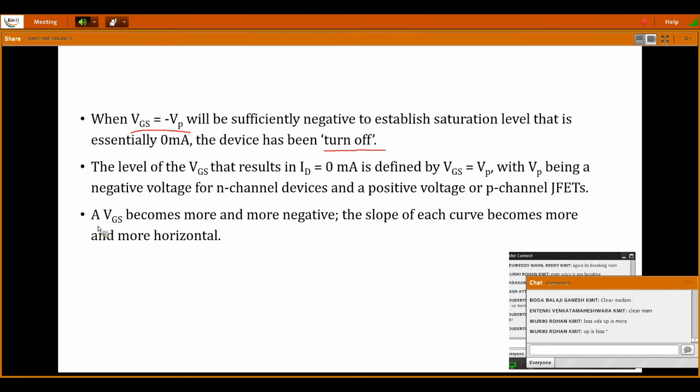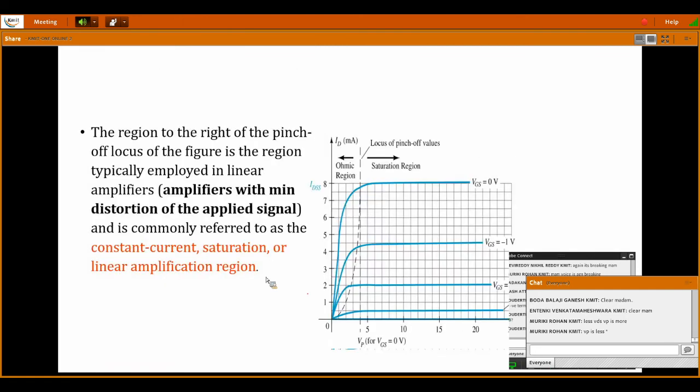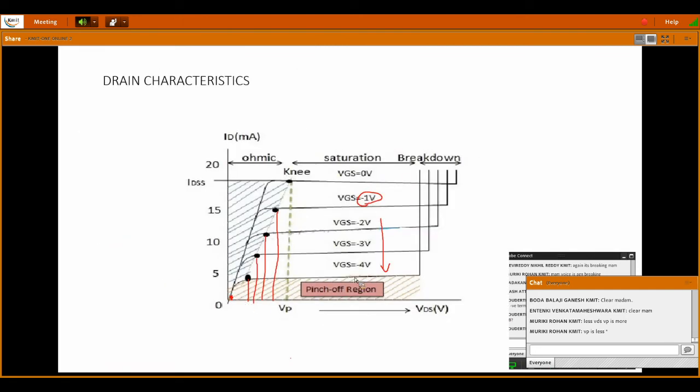And you can see a point here, as VGS becomes more and more negative, the slope of each curve becomes more and more horizontal. Yes, you can see the graph here. If VGS is more and more negative, if you go beyond VGS minus 5, minus 6 and all, you can see the graph will be more horizontal. See this one.